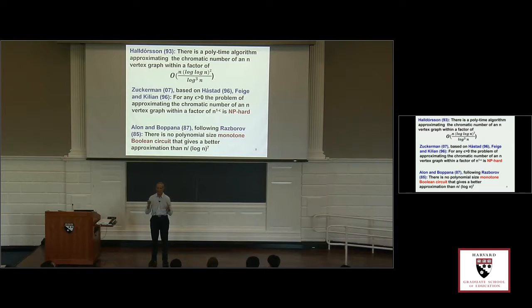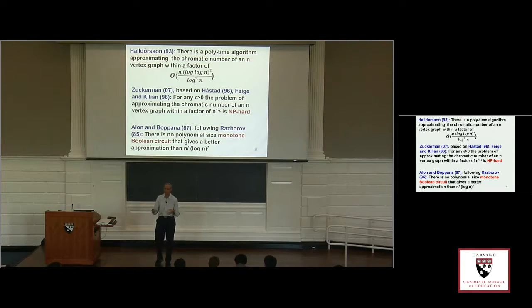And this is that if we want to write a monotone Boolean circuit that will distinguish between graphs that have chromatic number at least n over log to the 4 n, let's say, and graphs that have chromatic number at most log cube n, so really this corresponds to approximating it up to n over polylog, up to n over log to the 7 n, then this monotone circuit cannot have polynomial size. It must have size at least n to the log n.